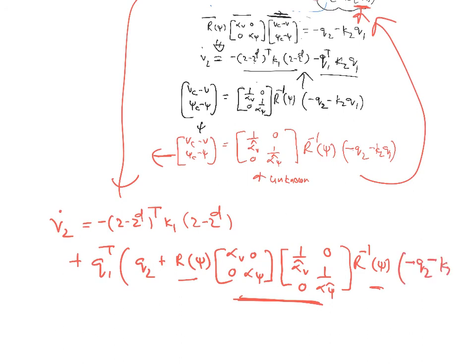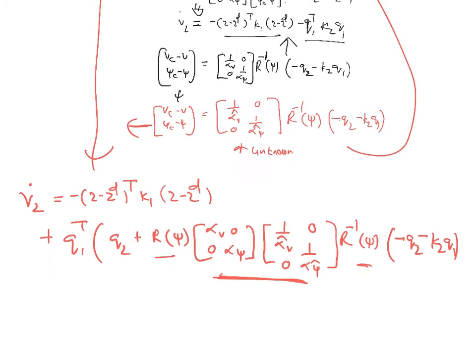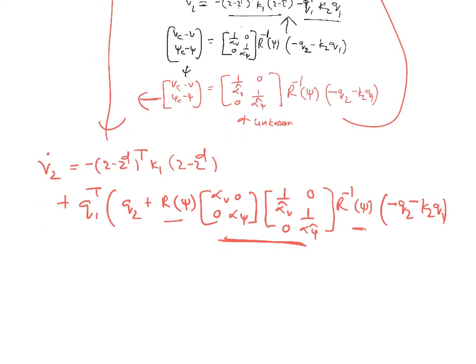Minus K2 Q1. So that's the part we have, but now you can add and subtract, the idea being to get that difference.